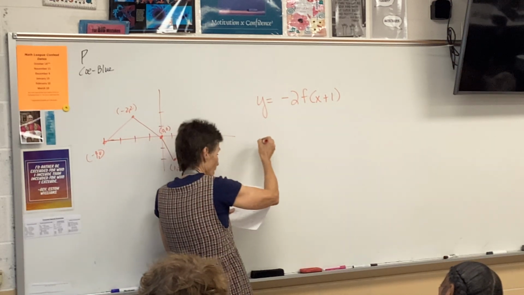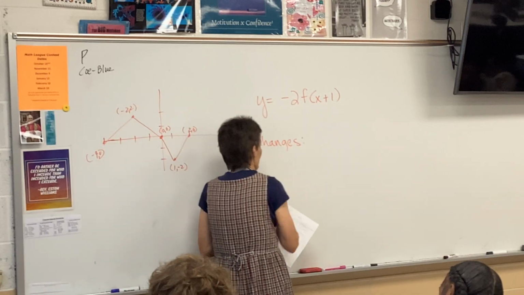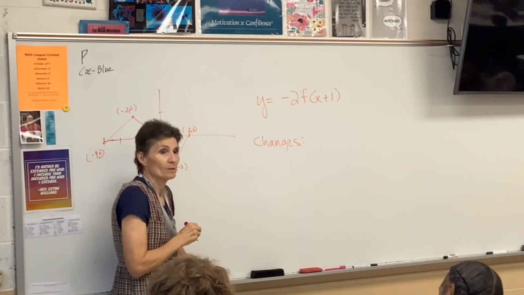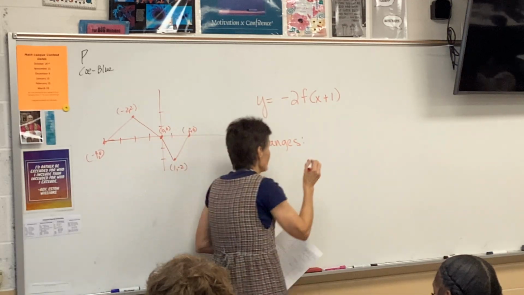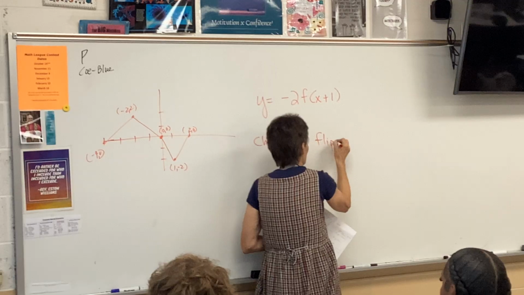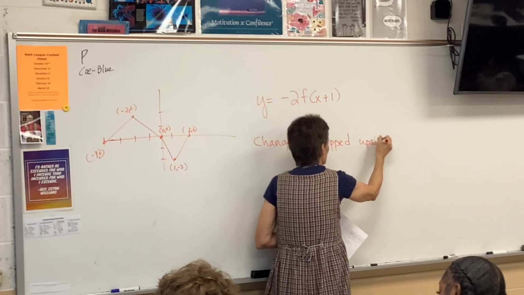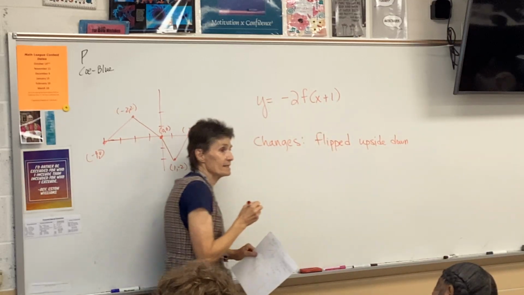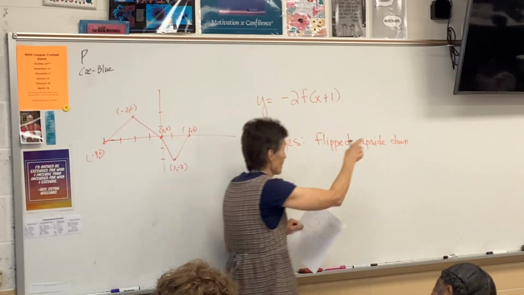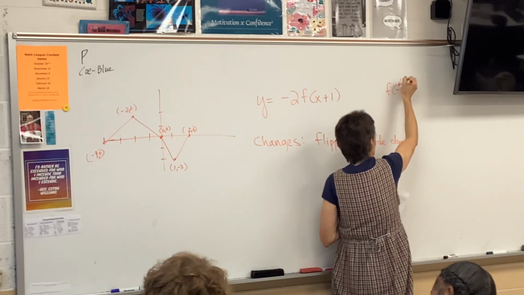What are the, I call them changes, that are being made here in this problem? What's happening? It's going to be flipped first. And when we say flipped, you have to be more specific. Flipped upside down. This is upside down. What is the sideways flip? I'll just make a list over here. The sideways flip is this, right?